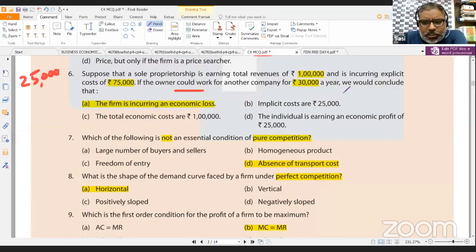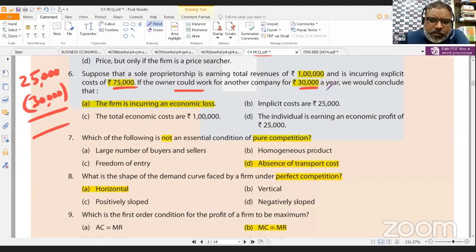That is an opportunity cost. That means if that is also taken into consideration, what will be the economic profit? Because here economic cost is not 75,000. Economic cost is 75 plus 30, 1,05,000. So what is the economic loss? Actually 5,000.